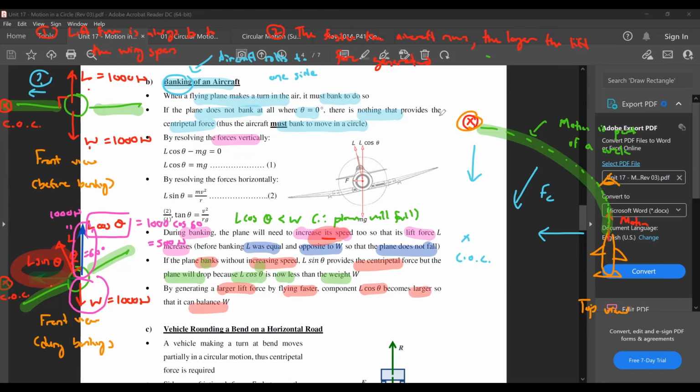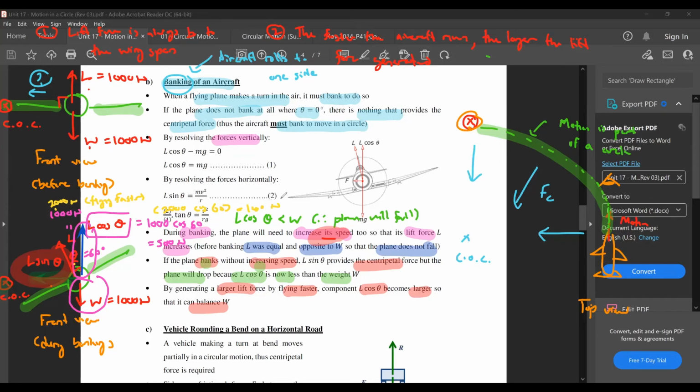Let's say, for example, that my aircraft flies faster right now. It could be that my lift force is now 2,000 Newton. Now, at the same angle of 60 degrees, my L cos theta would be 2,000 cos 60, giving me 1,000 Newton.